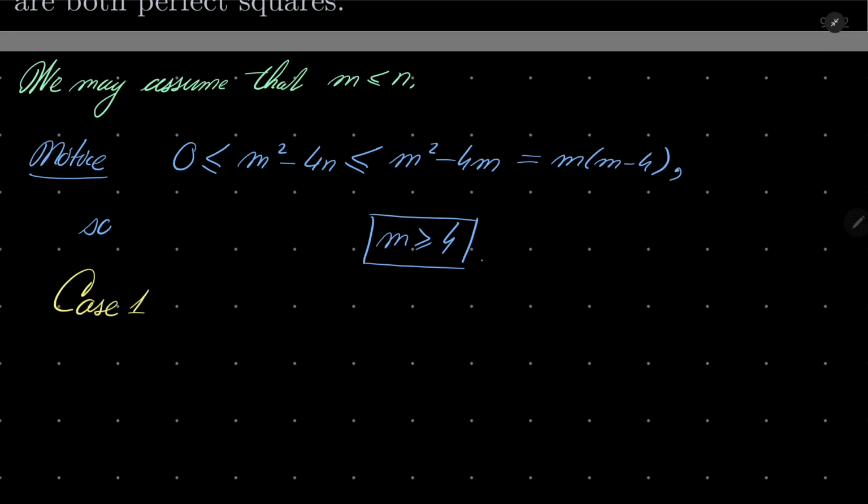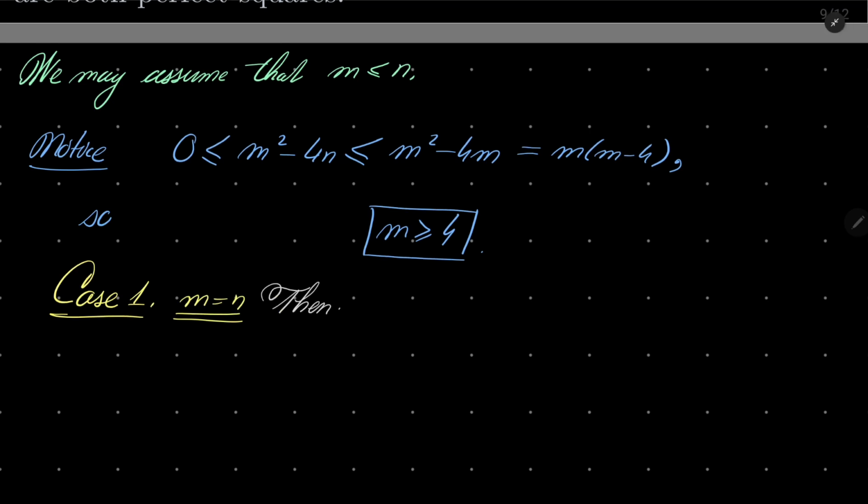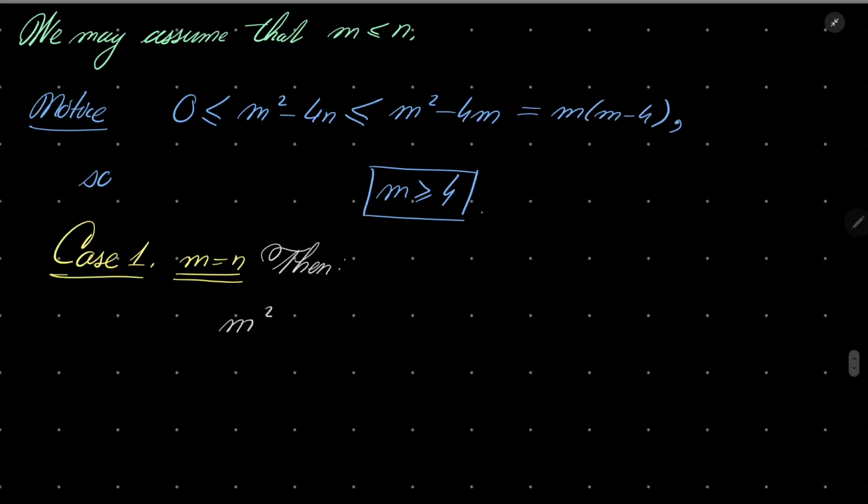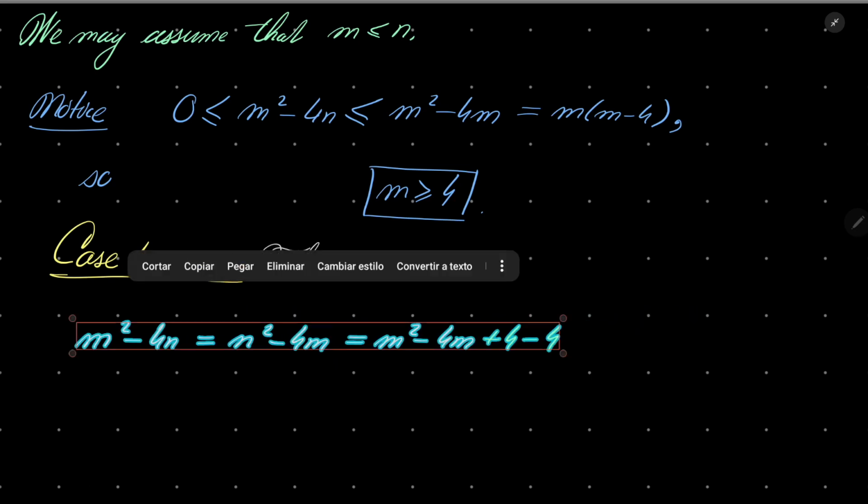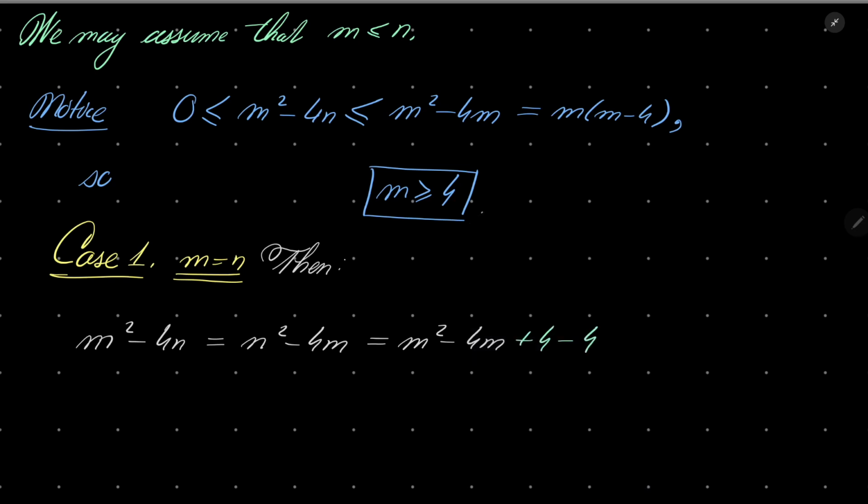Now I wish to consider two cases. Case number 1, when actually m equals n. What then? Then notice that m squared minus 4 times n and n squared minus 4 times m are the same, and they are both equal to m squared minus 4 times m, and we can do a classic trick, plus 4 minus 4, and that can be written as (m minus 2) squared minus 4.